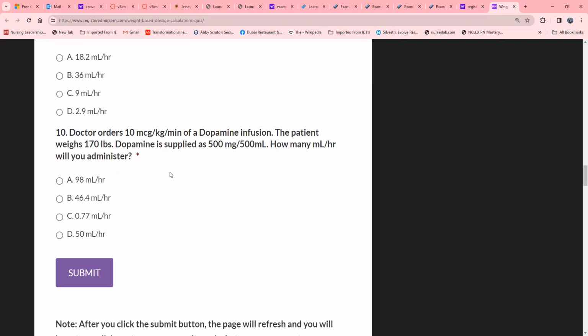Okay. All right, so let's start with taking out what we need out of the problem. And what we need out of this problem is the 10 micrograms per kilogram per minute, because that's our order. We need the 170.